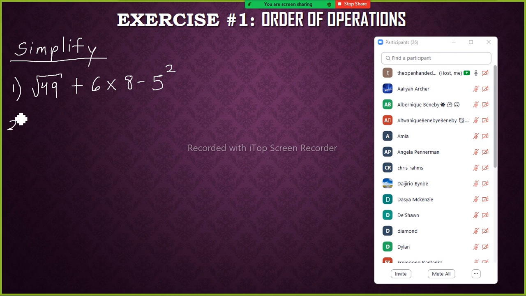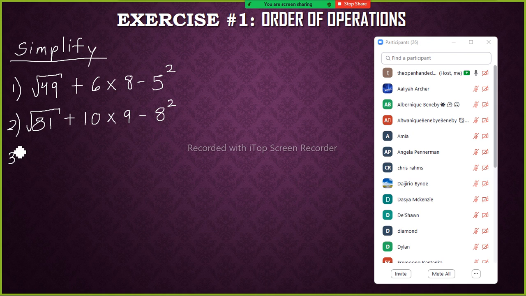Number 2 is the square root of 81 plus 10 times 9 minus 8 squared.